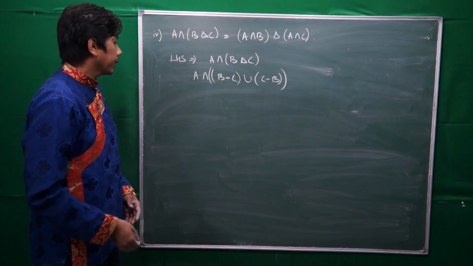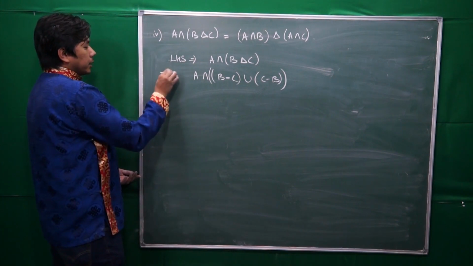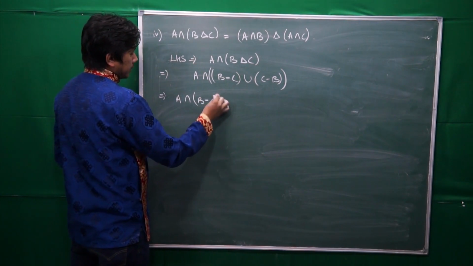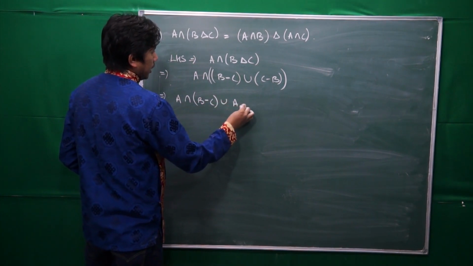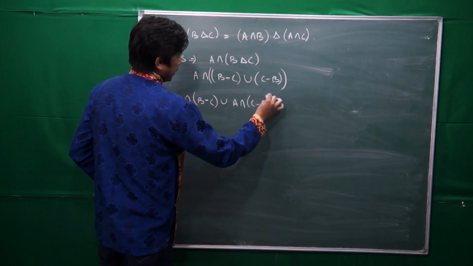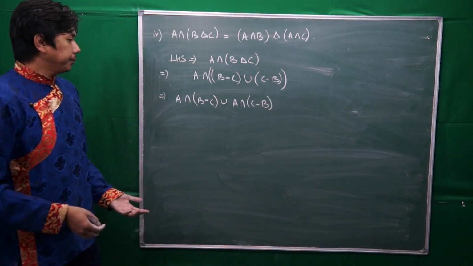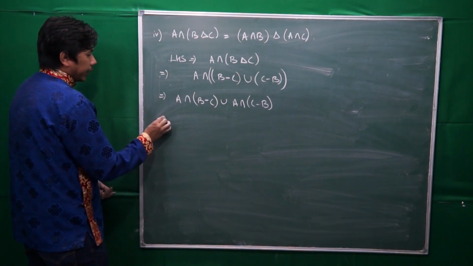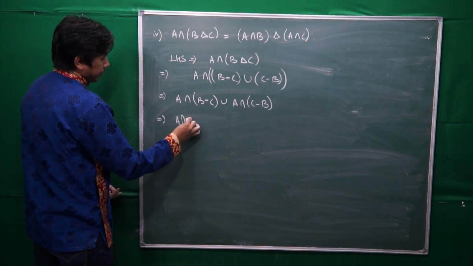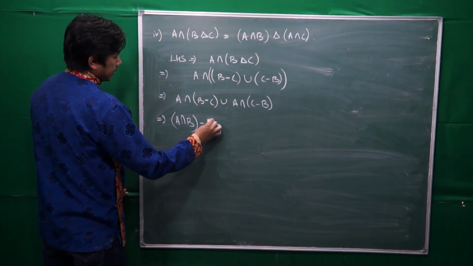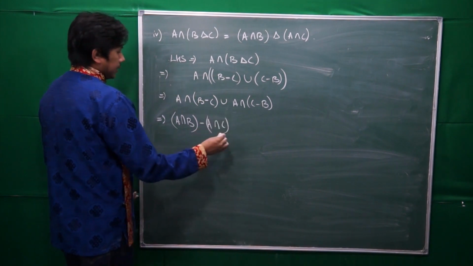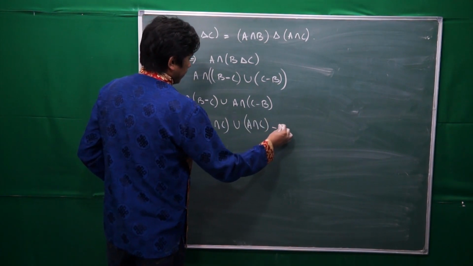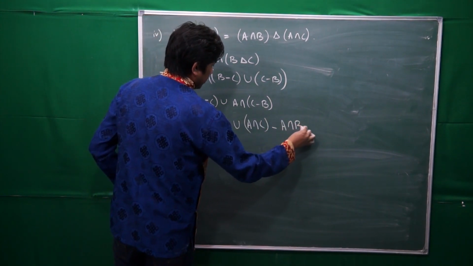Now using the distributive property, we can write (A intersection (B minus C)) union (A intersection (C minus B)). Again, further distributing it, (A intersection B) minus (A intersection C) union (A intersection C) minus (A intersection B).